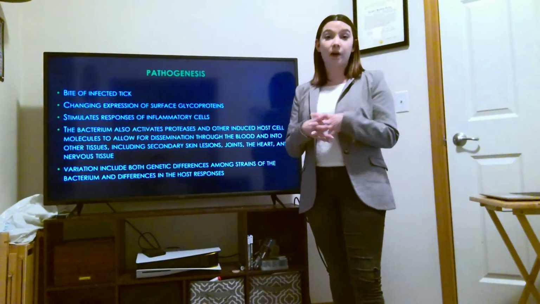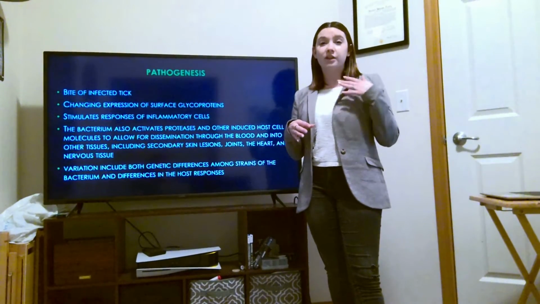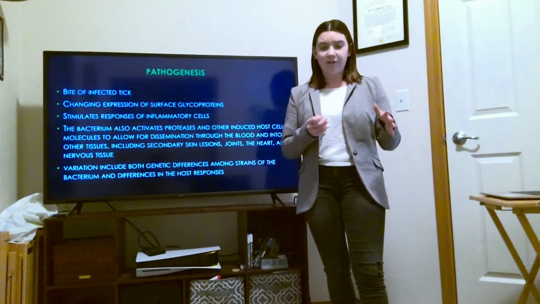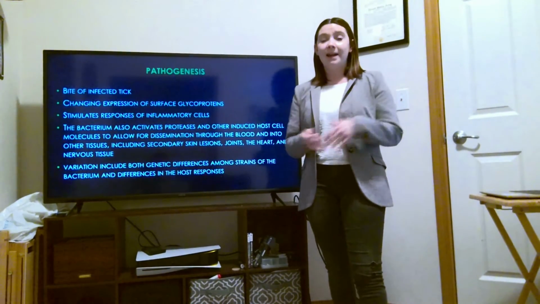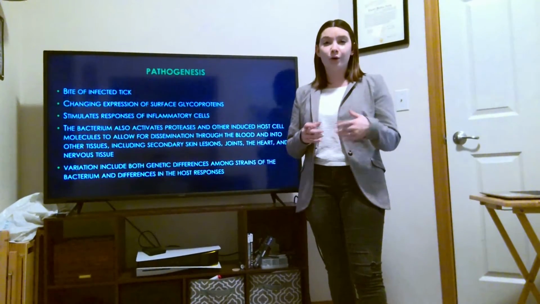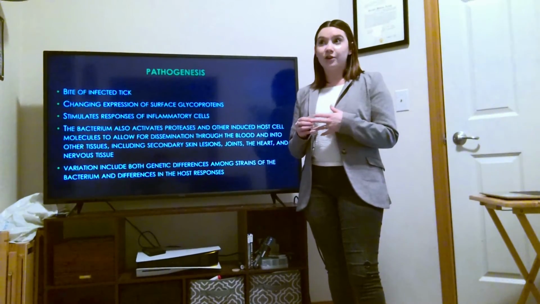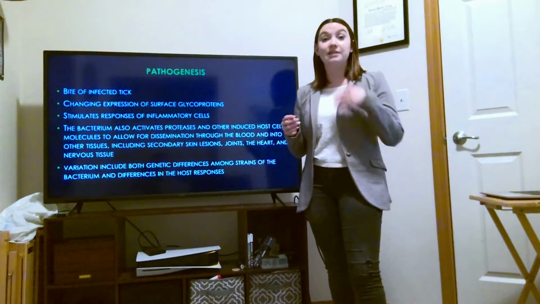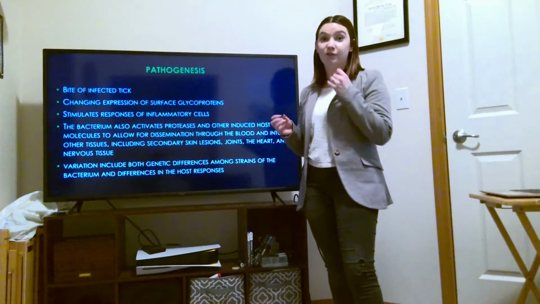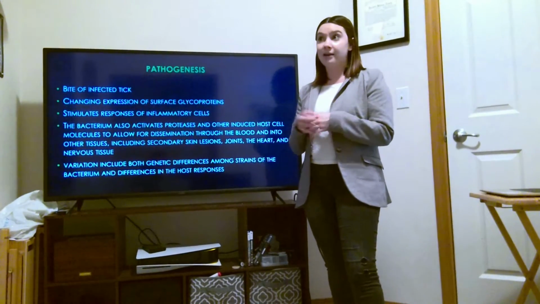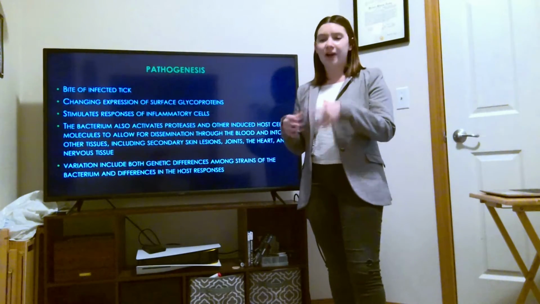And usually this will help one's body try to defeat a cell, to get rid of it. But in this case, specifically Lyme disease and this bacterium, it has a way of working around our immune system, where it is able to create these lesions in our skin, creating the pathogenesis. And instead of being killed, they're actually thriving.